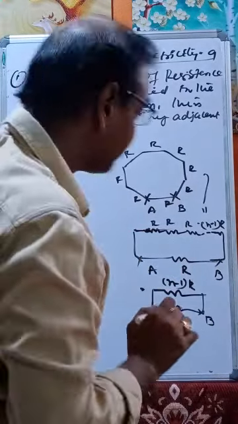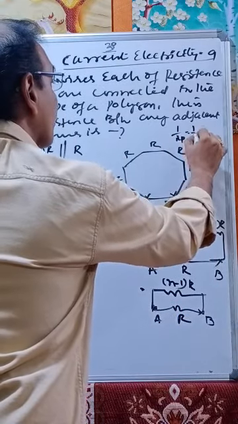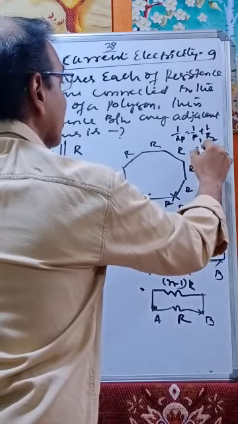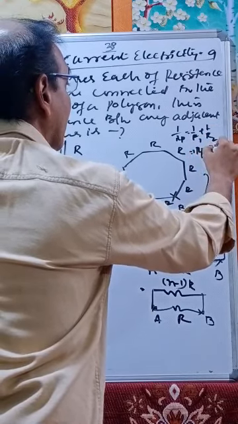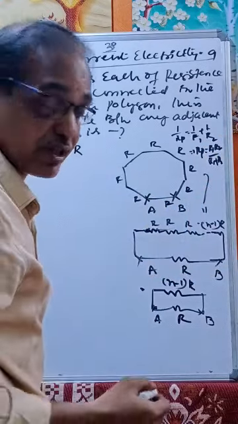Then what is the effective resistance now? For parallel, 1 by Rp is equal to 1 by R1 plus 1 by R2. This implies Rp is equal to R1 R2 by R1 plus R2, as we discussed.